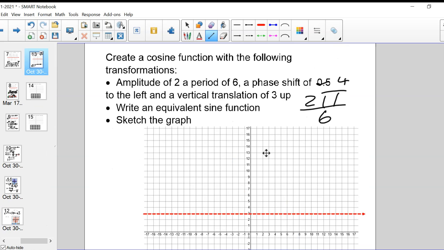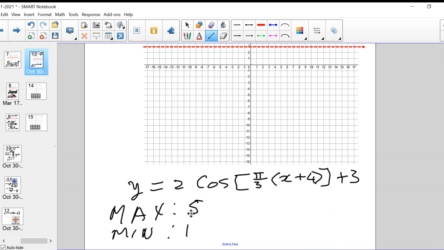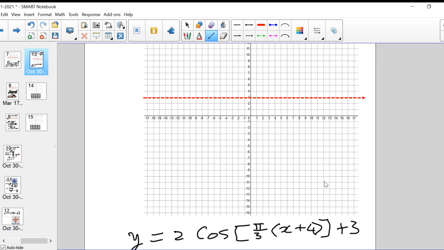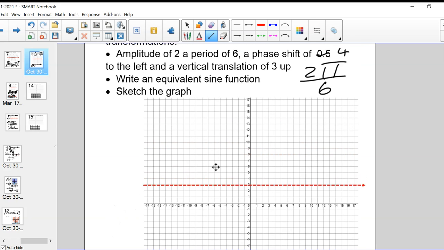This particular graph that we're doing does have a starting point, but it's not on the y-axis because it's been shifted to the left by 4. But we know where the high is. The high is at 5. So why don't I put that first point on the graph, 5 to the left, not 5, sorry.